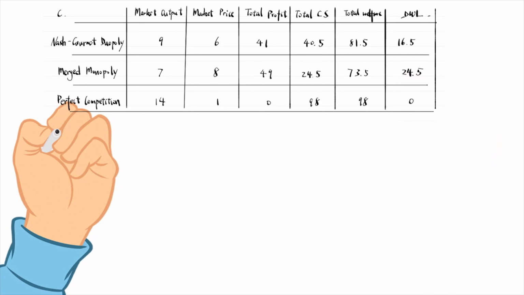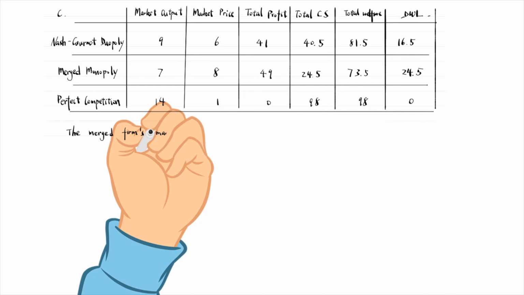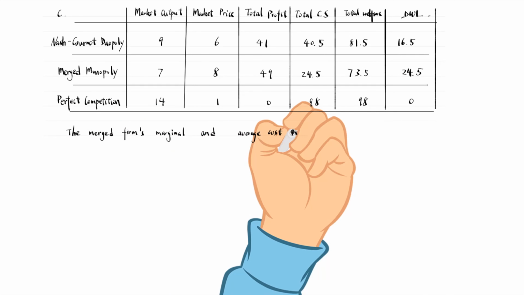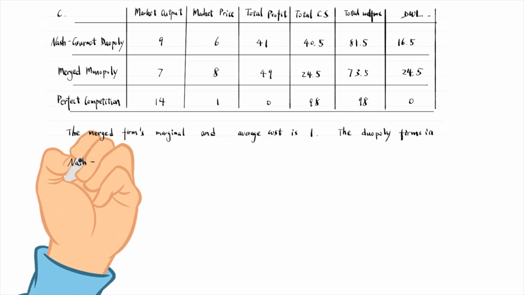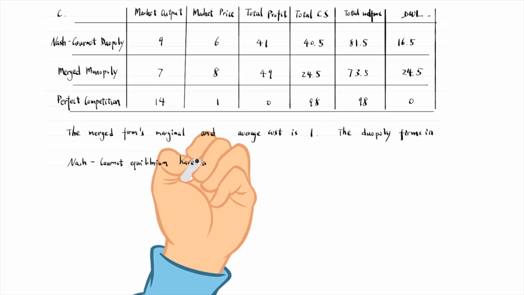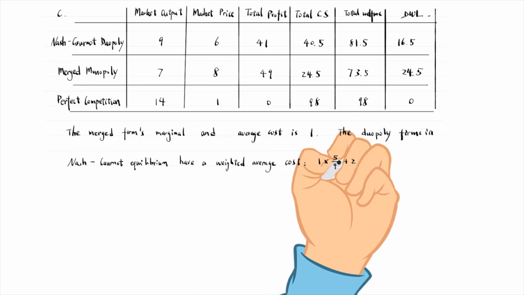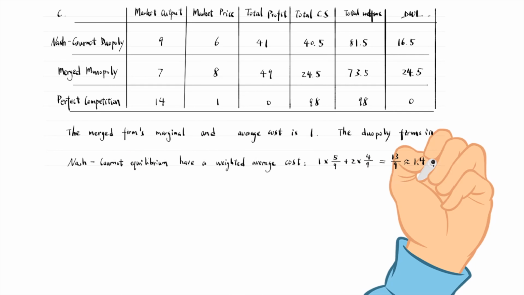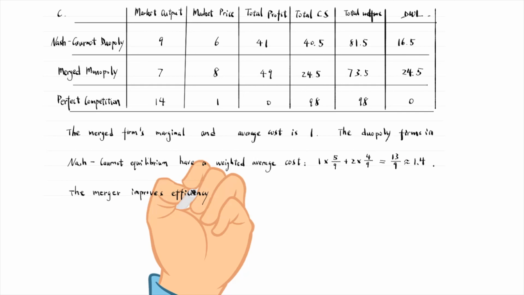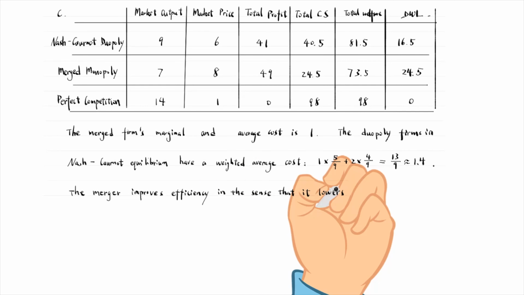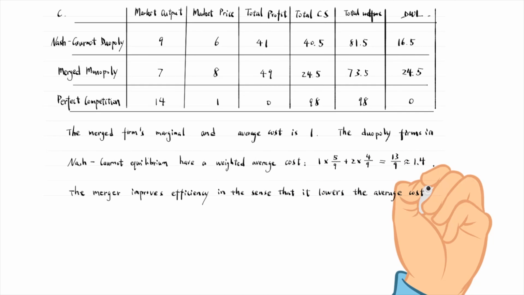The merged firm's marginal and average cost is 1. The Cournot duopoly firms have a weighted average cost of 1.4. The merger improves efficiency in the sense that it lowers the average cost of producing the output.